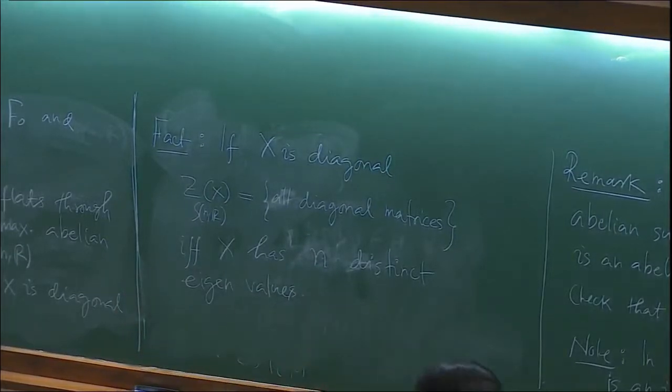If X is contained inside some maximal abelian subalgebra, that means the subalgebra is centralizing X. So if I choose X diagonal with distinct eigenvalues, then the centralizer is only the diagonal matrices. So X is already contained in the flat.